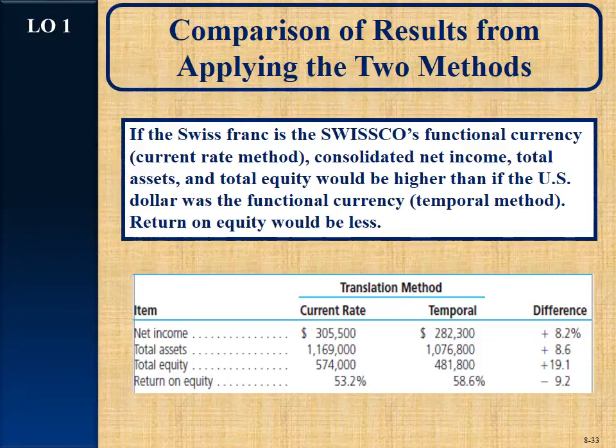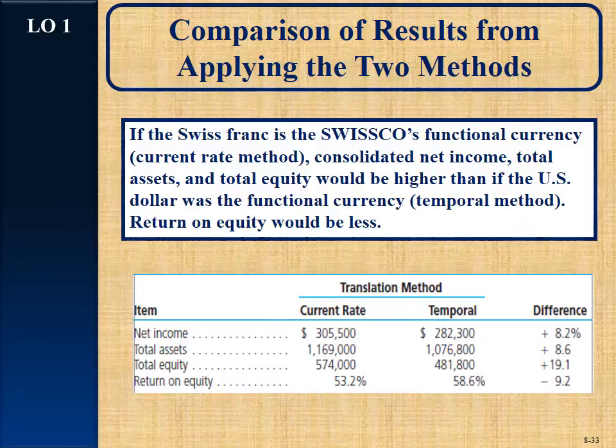Okay, so if the Swiss franc is the functional currency, consolidated net income, total assets, and total equity would be higher than if the US dollar was the functional currency under the temporal method. So you see that? You can see that the net income using the current rate method is 305,500 under the temporal 282,300.